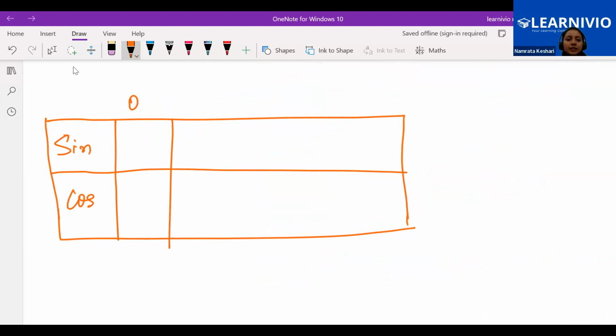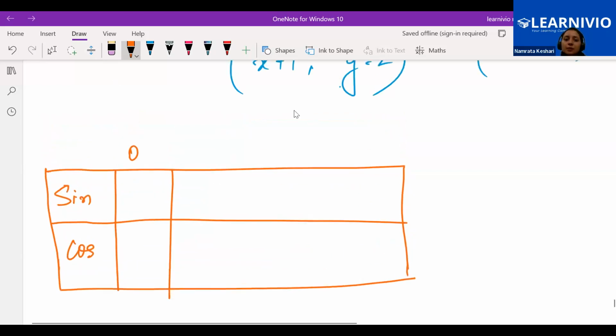Wait, we'll be writing everything in red now. So 0. Then we'll be taking the previous angles also. We will summarize over here only. Let me extend the table. Okay. Then in our previous class table, it was 30 degree.